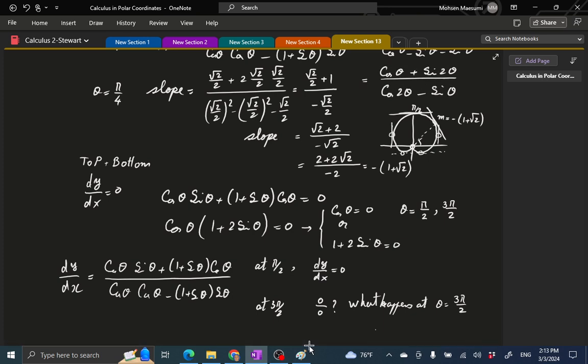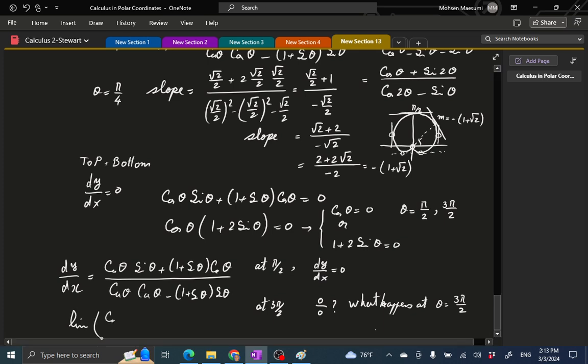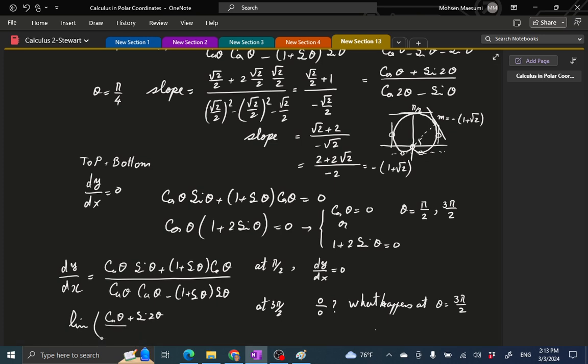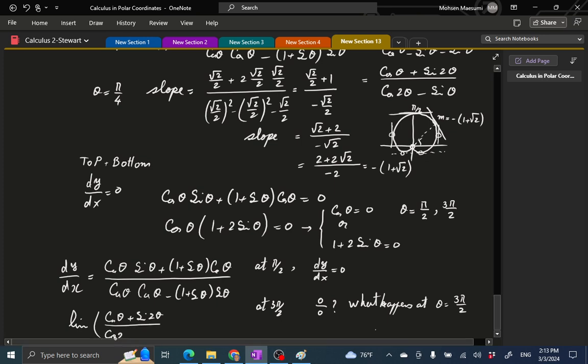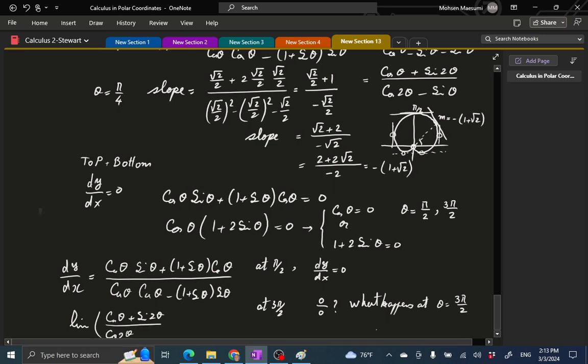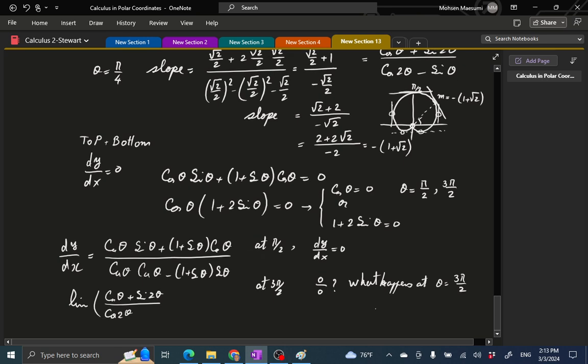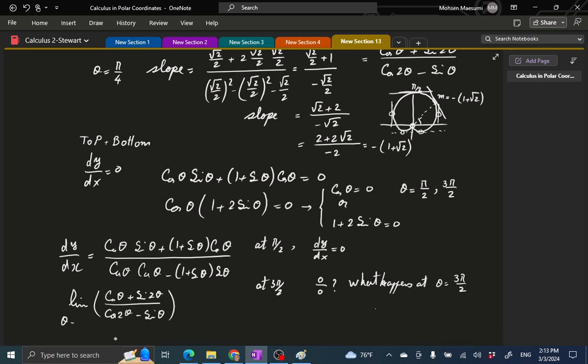So as theta goes toward 3 pi over 2, I want to know what's the limit of this expression. I take the limit of cosine theta plus sine of 2 theta over cosine of 2 theta minus sine of theta as theta goes toward 3 pi over 2. We notice that this is 0 over 0.